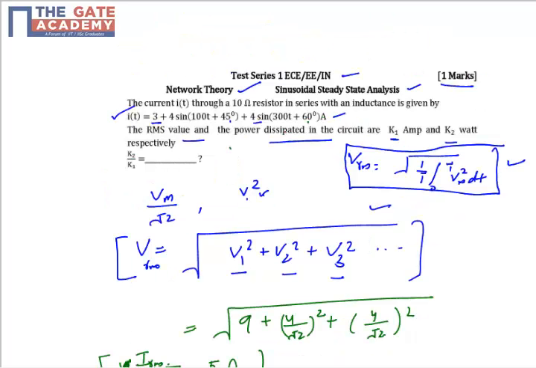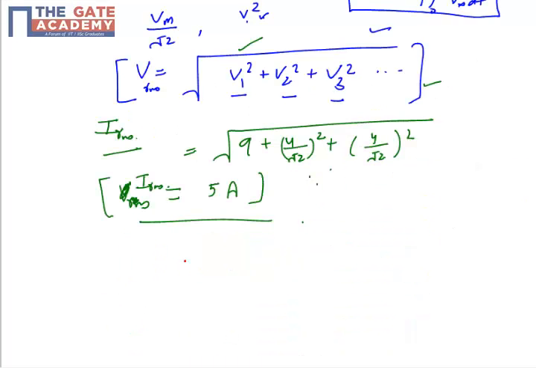Anyhow, the idea is general. It's for voltage or current, RMS value of any signal, but for our case we have the current, so it's more suitable to take the symbol as IRMS. The formula is right, so I can write IRMS is equal to the square root of I1 square plus I2 square plus I3 square, and so on.